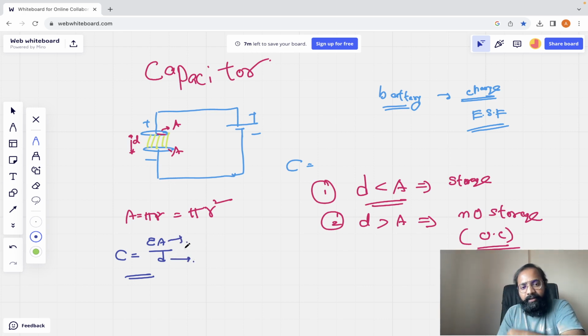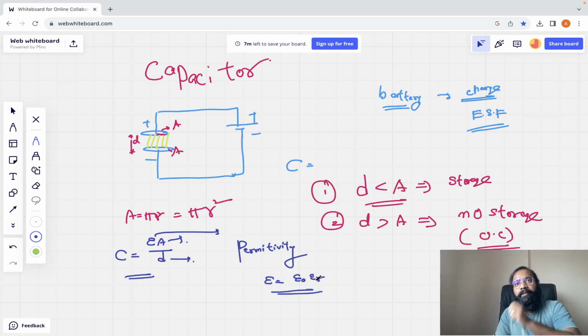And this epsilon is called the permittivity, and it can be taken as epsilon naught into epsilon R. Permittivity changes for different materials. Silicon will have one permittivity, germanium will have another, so different materials have different permittivities.